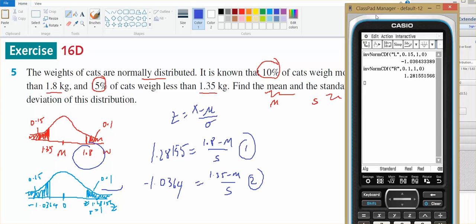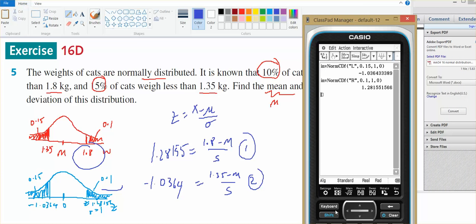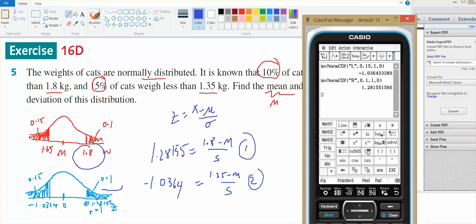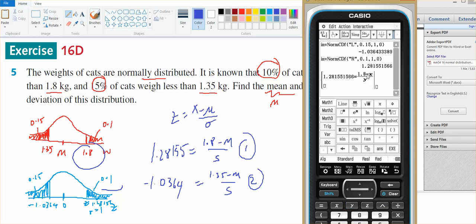I'll bring in my calculator at this point. So I'm going to bring up the keyboard, I'm going to bring in simultaneous equations, and I have 1.28 equals fraction 1.8 minus, I'll use X for the mean, divided by Y, which is the standard deviation.